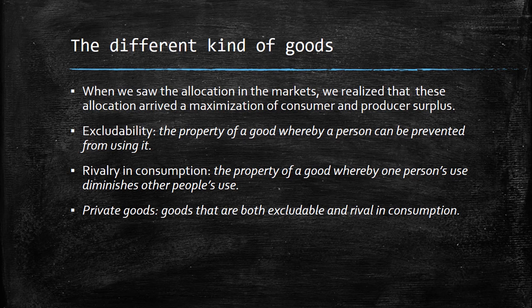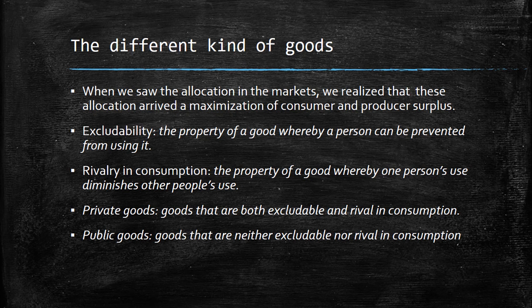So private goods have both characteristics: they're excludable and rival in consumption. And on the other side we have the opposite, which is public goods. These kinds of goods are neither excludable nor rival in consumption.